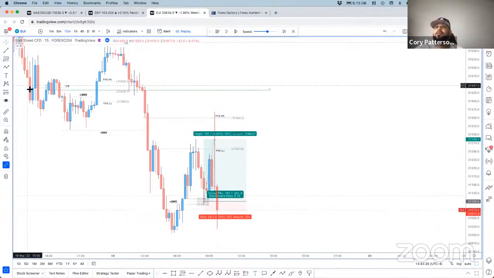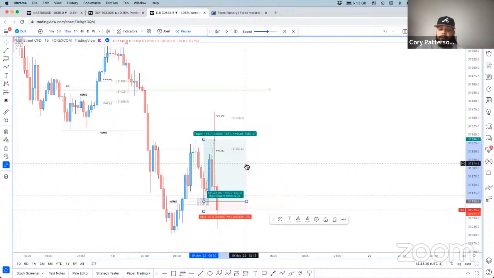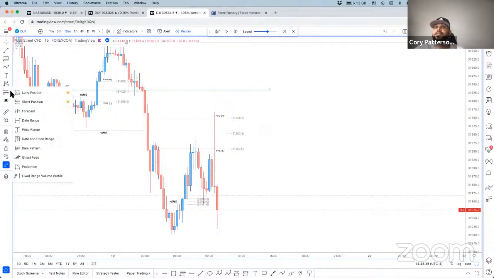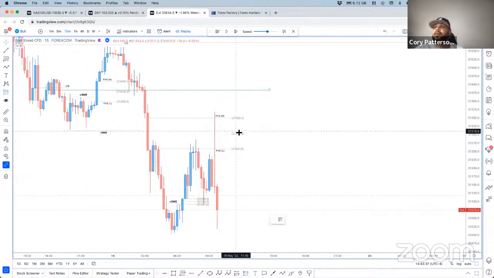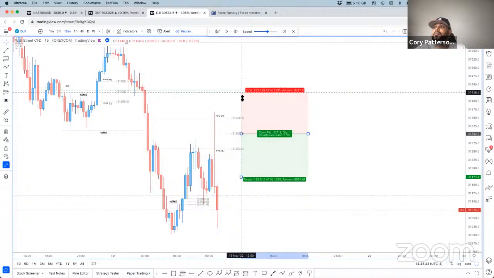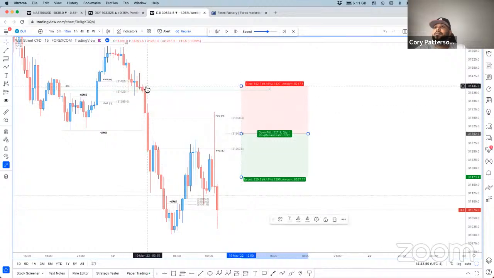And now we would be done with this buy because we would have hit our target on this. And now if we're looking for the sell, we're like, okay, worst case, we get into this at the middle, low, or the high. Let's say we get in at the middle. We can use this as our stop loss right here, or this candle right here, because this is the one that made our high.